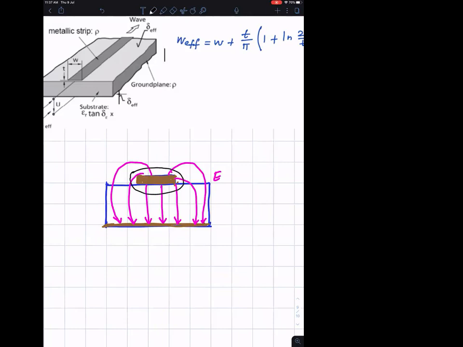I don't know which way it's going to go to, but I just put an arrow for now. So this is magnetic field. Magnetic field, we call this H, right? H. So this is the field.